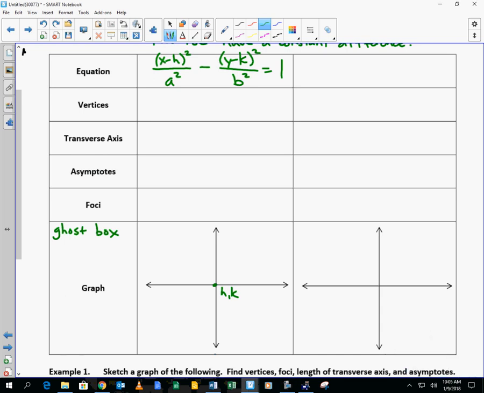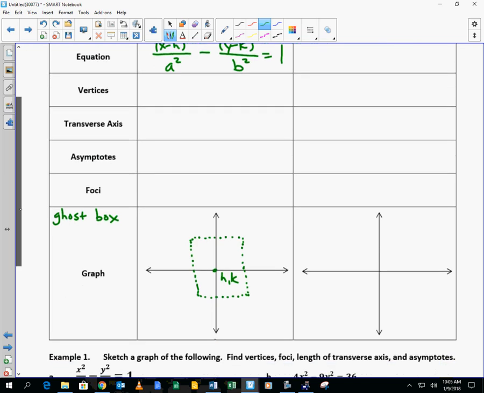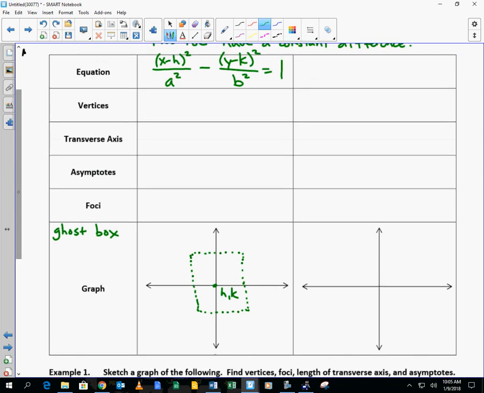We construct this box, and I'm going to give you some dimensions for the box in a second. That box will help us generate all the special points that we need. Anybody want to guess how many units in the horizontal direction this box is stretched?